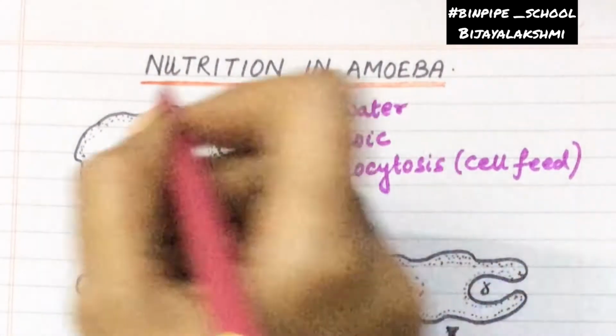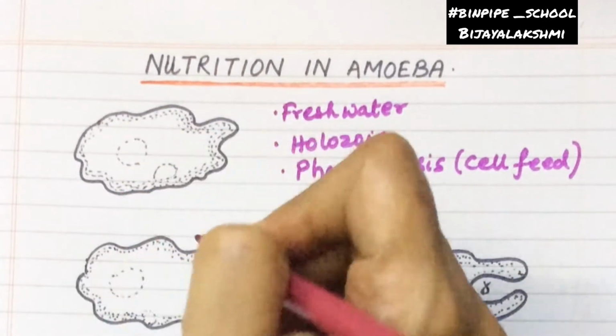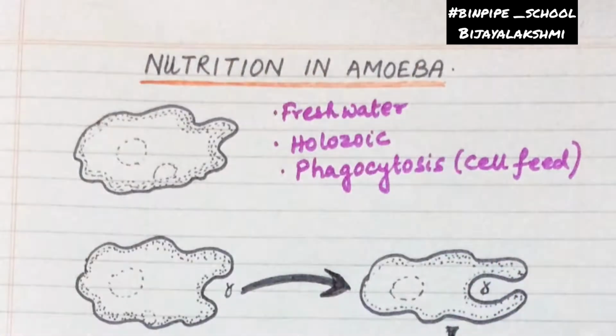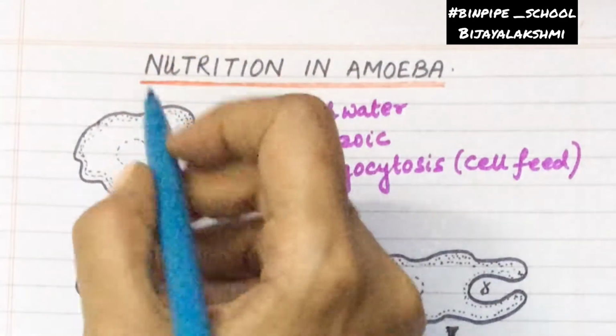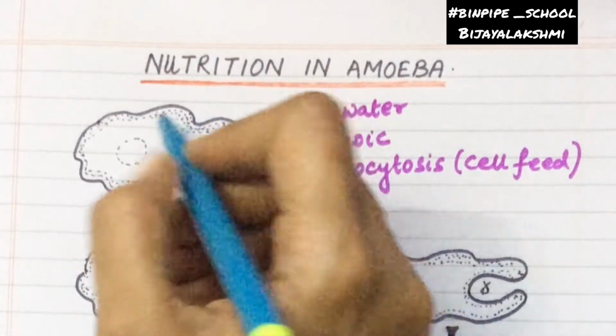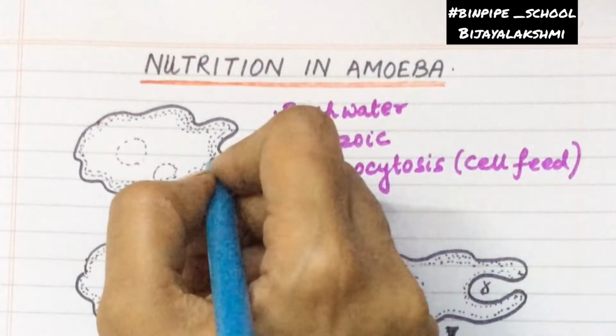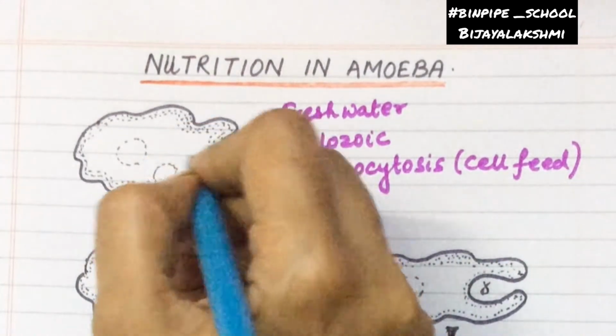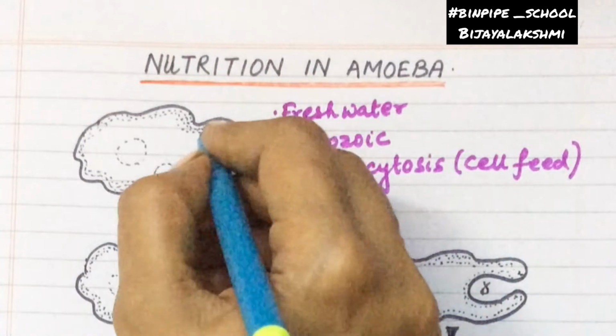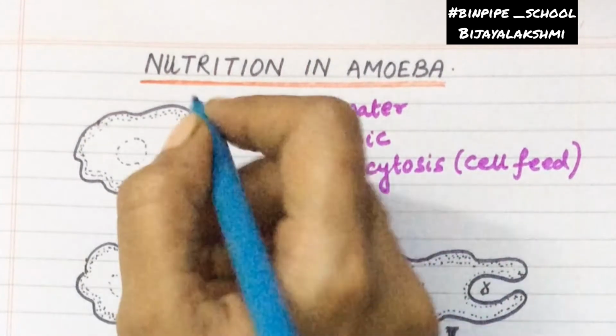First of all, let us know the different parts of amoeba. Amoeba being a single celled organism, it has a cell membrane, and here the cytoplasm is denser at the edges.